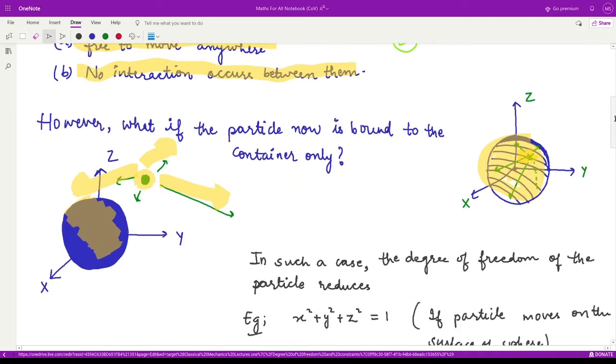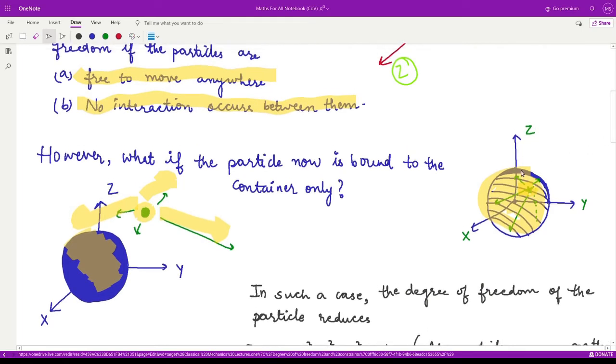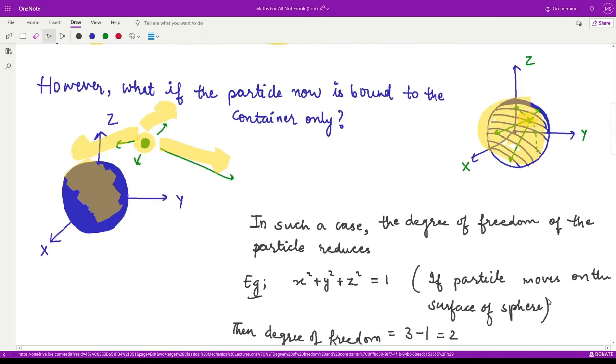So suppose we are saying that the particle is only allowed to move on the surface of a sphere. In that case, earlier for 3 dimensions, we had 3 independent coordinates which represent the position of the particle: x, y and z.